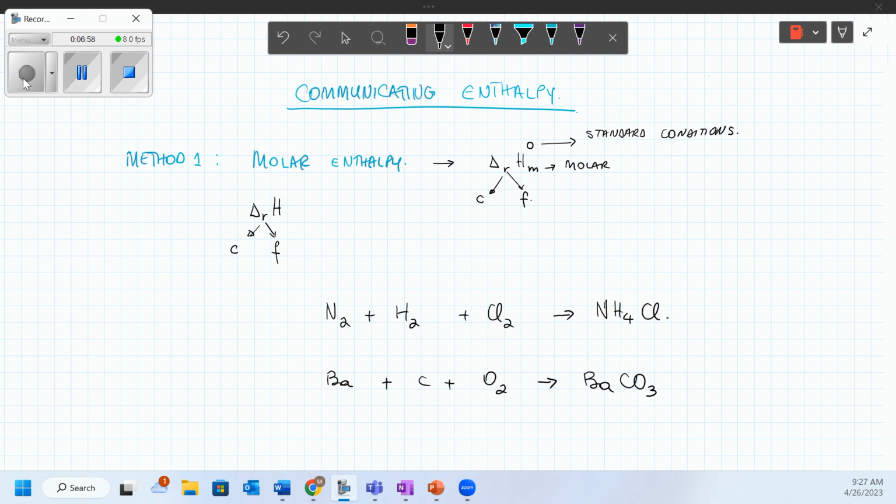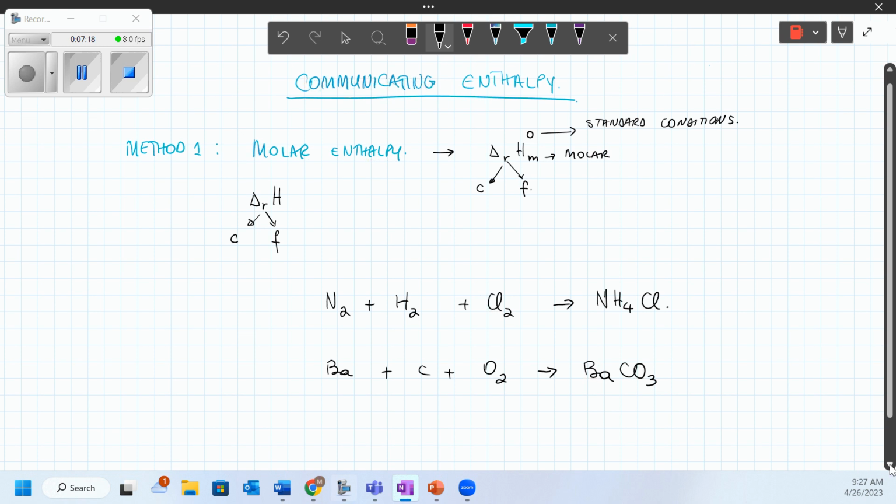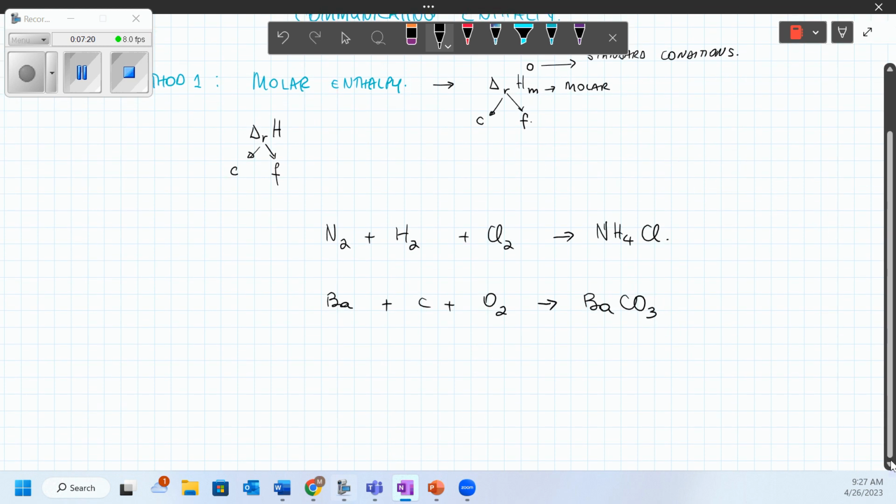100% of the cases that you will see in terms of formation are dealing with standard conditions, even if they are not mentioned. But in general, they are mentioned. So as you see here, let's say aluminum oxide. Aluminum and oxygen are reacting together to form aluminum oxide.